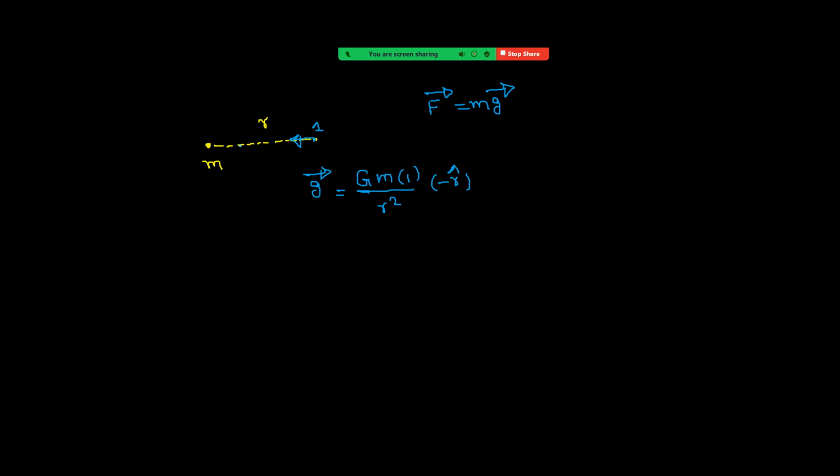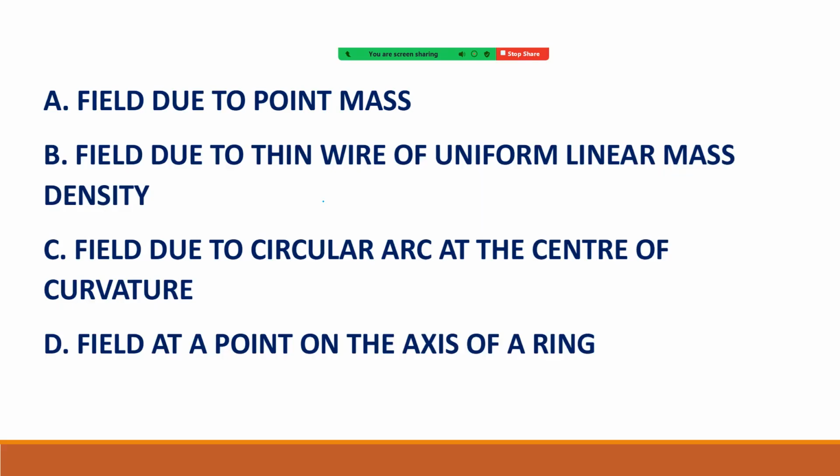So r bar is now like this: the position vector of that unit mass with respect to the point mass. It is towards the right side. But the force is on the left side, meaning opposite to r bar. That's why I have taken here minus r cap. This is the intensity of the gravitational field, or we can say the strength of the gravitational field due to a point mass, right? That is the first one.